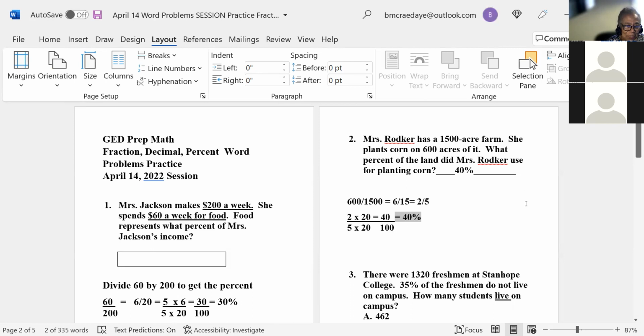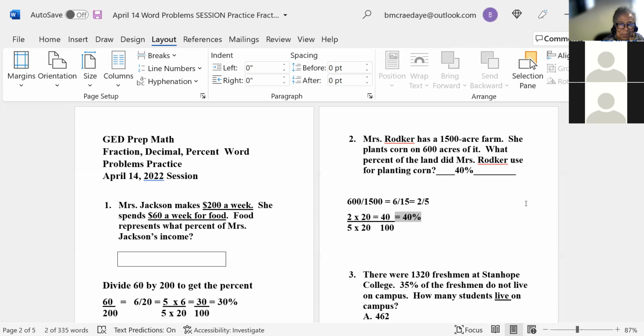Simplify 6 over 15 to 2 over 5. Make your 5 times 20 equal 100, and multiply the 20 by the numerator, the top number, and now you have your ratio. The ratio of a number to 100 is percent, so your answer is 40%. Maureen, you understand it now? Yeah. Okay. So this makes it easier to find percent, and you don't have to use decimals. That's true.